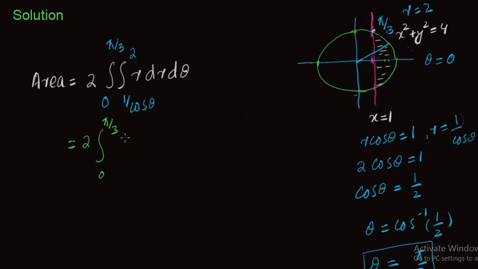First we solve the inner integral, for which our limit is from 1 upon cos theta to 2, r dr, and then d theta.